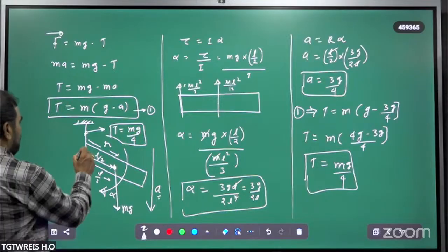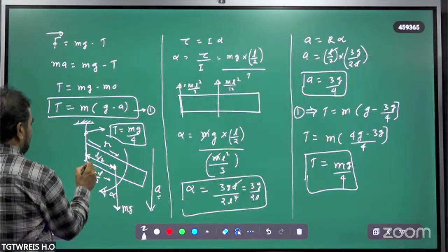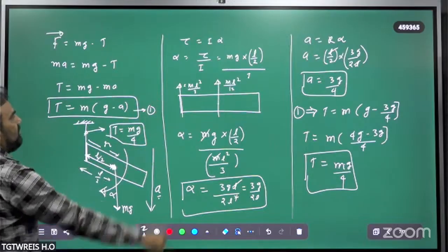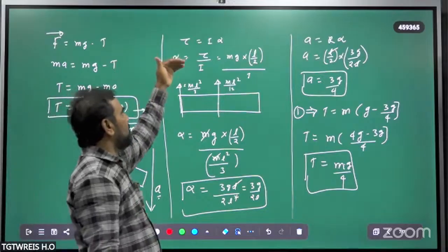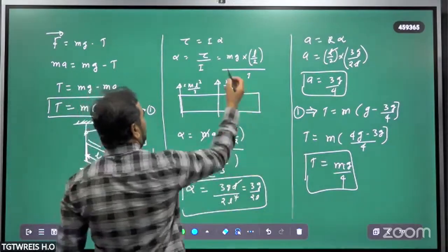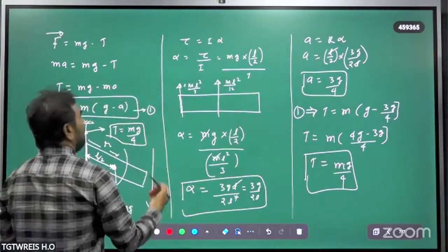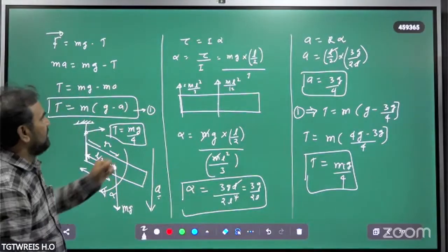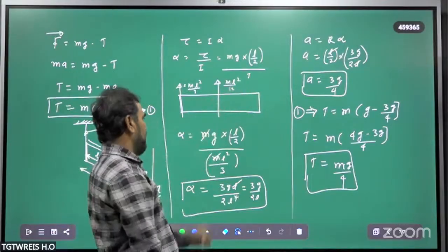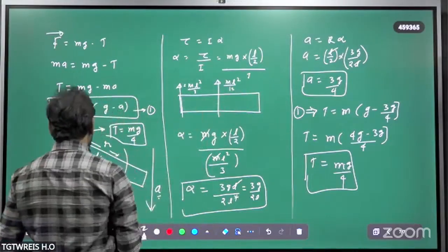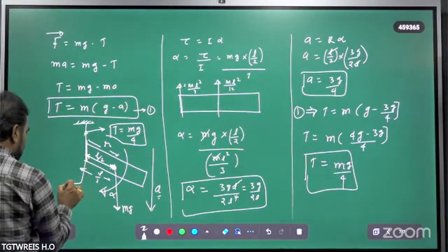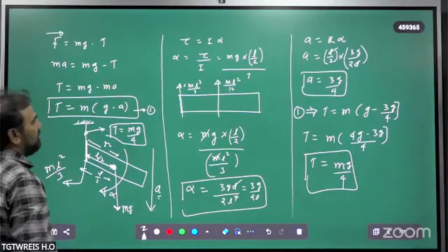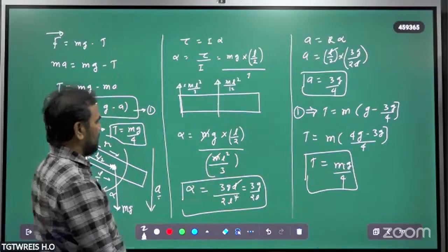So about this point of contact, the torque acting on the rod is given by I alpha. So alpha is equal to tau upon I. The tau value is mg into L by 2, force into perpendicular distance, upon I. The moment of inertia about this end is also already known: mL square upon 3. This value we substitute here, so we have calculated the value of alpha, the angular acceleration, which is 3g upon 2L. From this we have to calculate the linear acceleration, because the equation has the linear acceleration. So a is equal to r alpha. What is r? r is the perpendicular distance from the point of contact, which is L by 2, into the alpha value 3g by 2L.